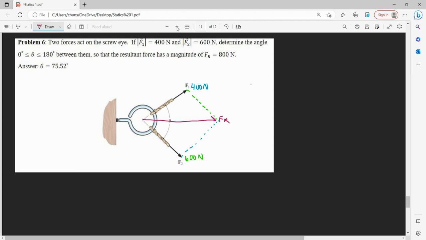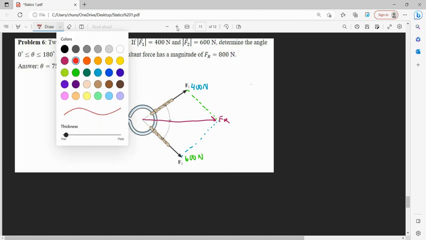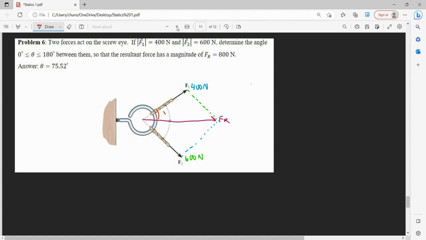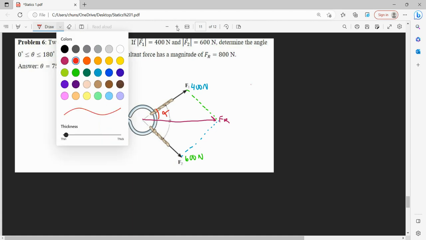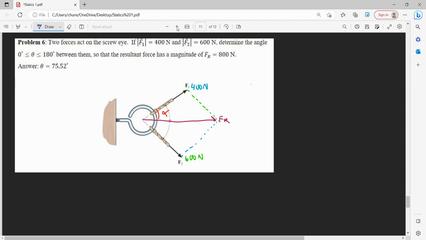Okay, so first things first, we are going to split this into two different angles. We're going to call this one alpha, and this one, let's see, this one beta.